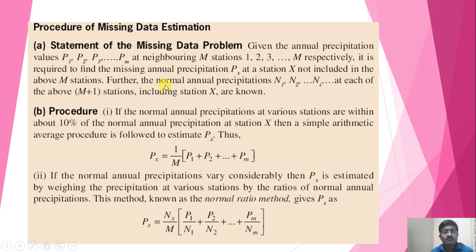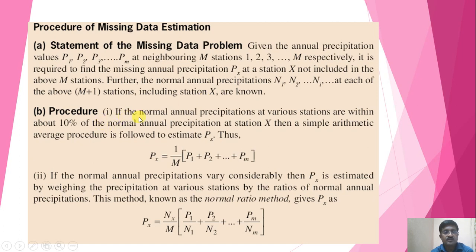Further, the normal annual precipitations N1, N2, up to Ni at each of the above M plus 1 stations, including station X, are known. Okay, so the precipitations are given, and these normal annual precipitations for the M plus 1 stations are also known.